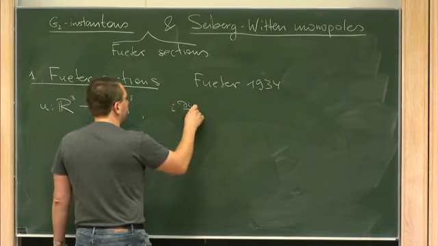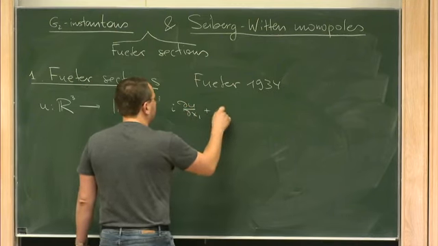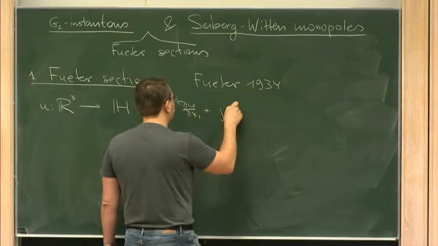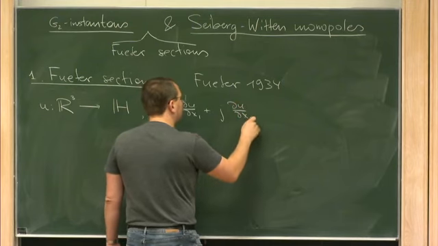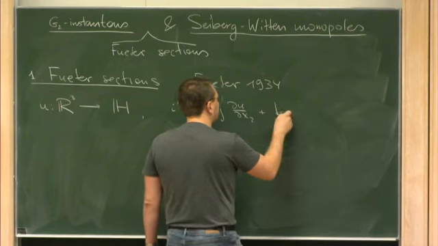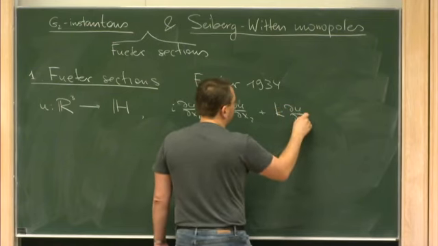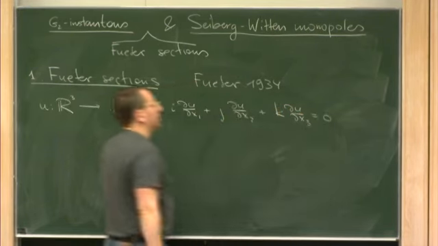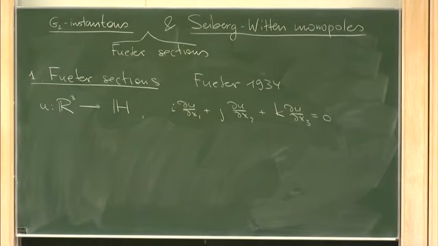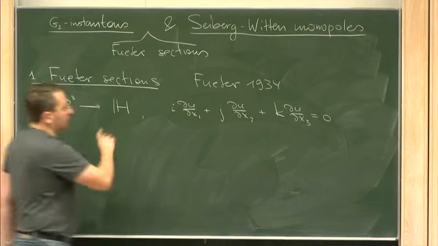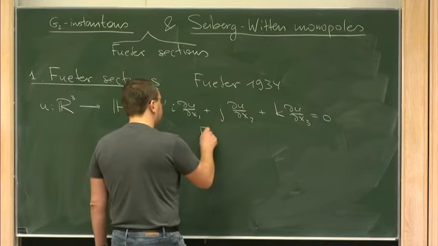So you take du over dx1 multiplied by i, and du over dx2 multiplied by j, and the same with du over dx3, and this is 0. So I will call such maps Fueter maps.